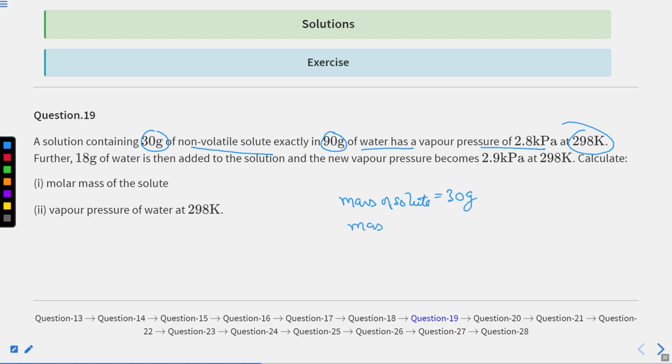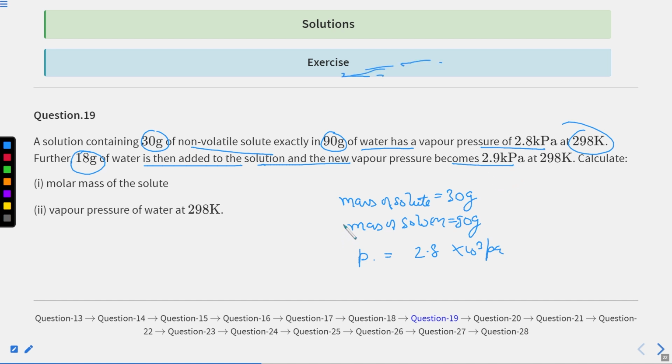Mass of solvent is 90 gram. And the solution has a vapor pressure, so I am considering P1, which is the solution vapor pressure, or just simply P, as 2.8 kilopascal, or 2.8 into 10 to the power 3 Pascal. Further, we have added 18 gram of water to the solution, and the new vapor pressure becomes 2.9 kilopascal.